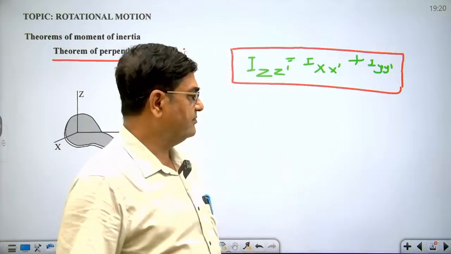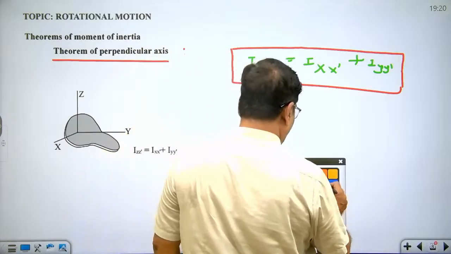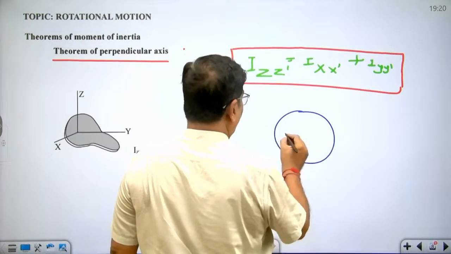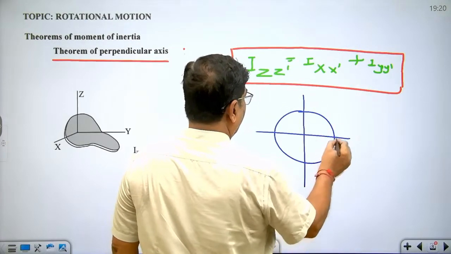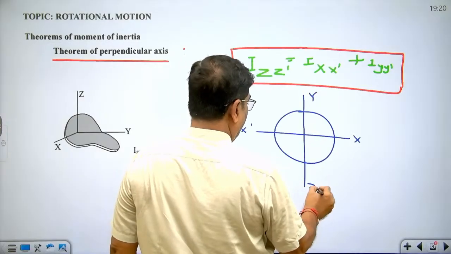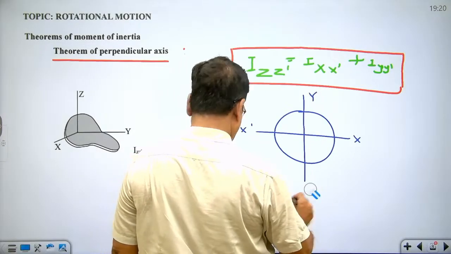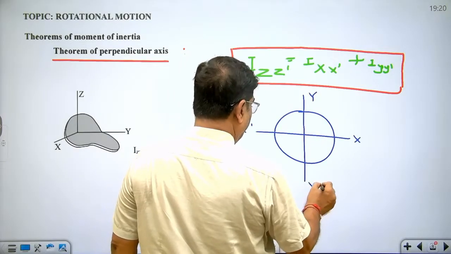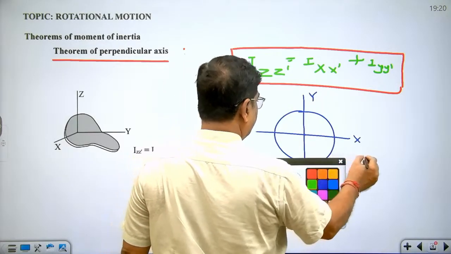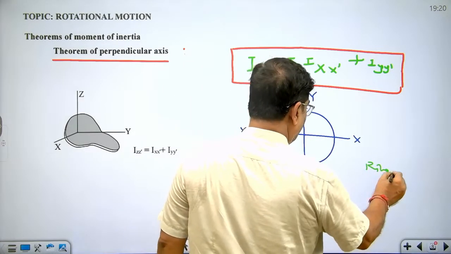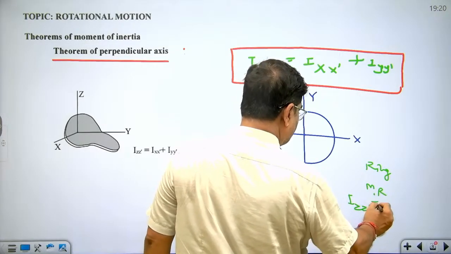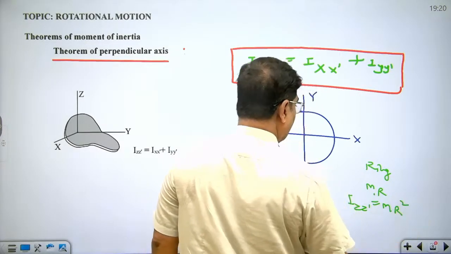For example, we will be calculating this a little later: the moment of inertia of a circular ring of mass m and radius r about an axis passing through its center of mass and perpendicular to its plane is given as mr square.